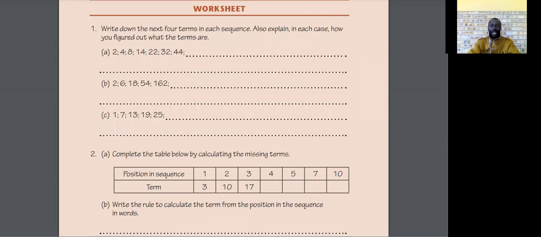It's an investigation. So please make sure you do it and you submit your work. If you find a difficulty anywhere during the process, just send me a message on WhatsApp and I will check through. Then I will also respond to you. That is where we have to end for this lesson.